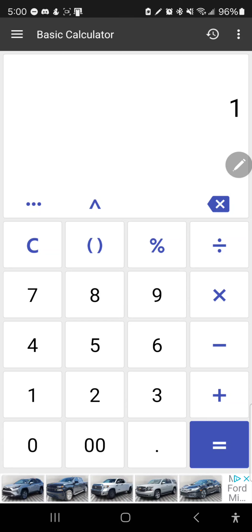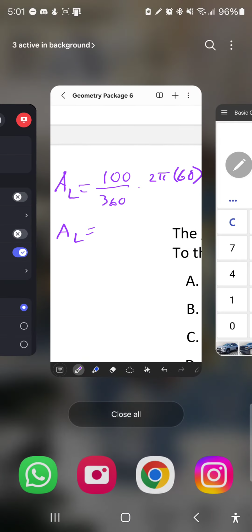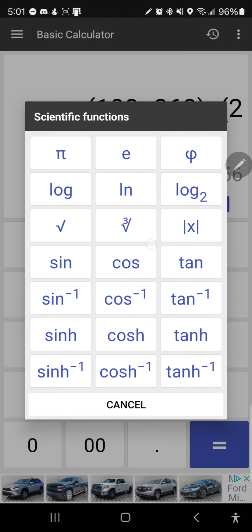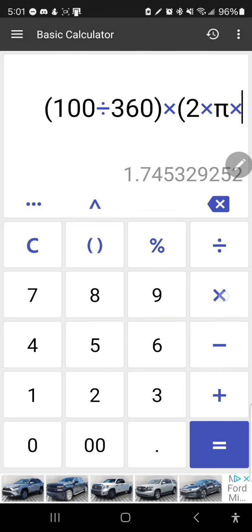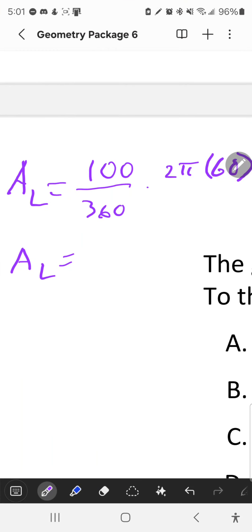We do not have an exact number, so I'm just going to put over everything. And that's approximately 105 because I'm rounding to the nearest number. So approximately 105.